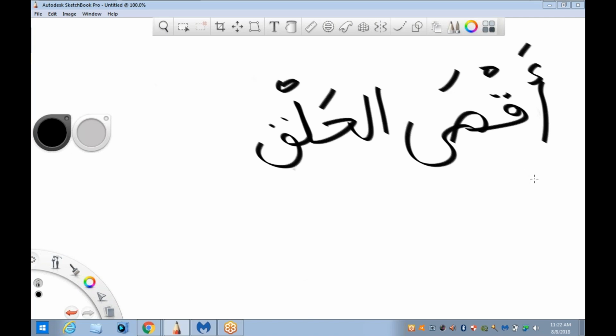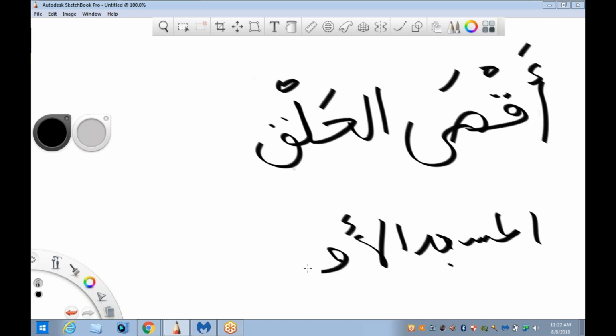Aqsa means the furthest, like you have Masjid al-Aqsa, the furthest masjid, like in Surah Al-Isra. Na'am. Aqsa means the furthest.